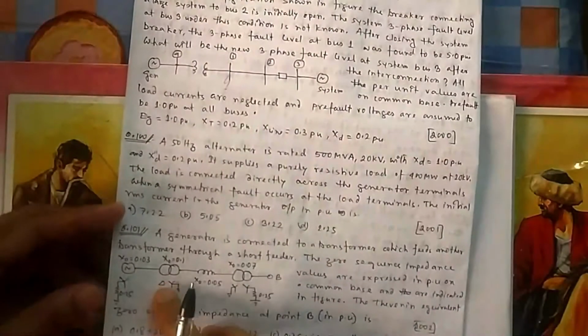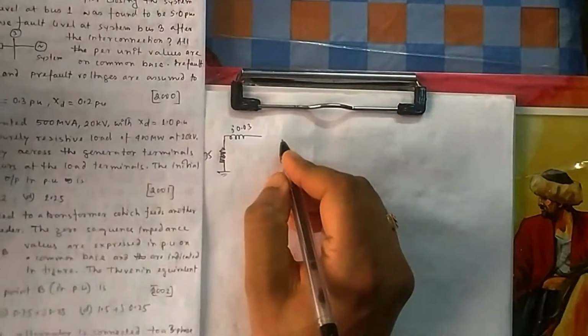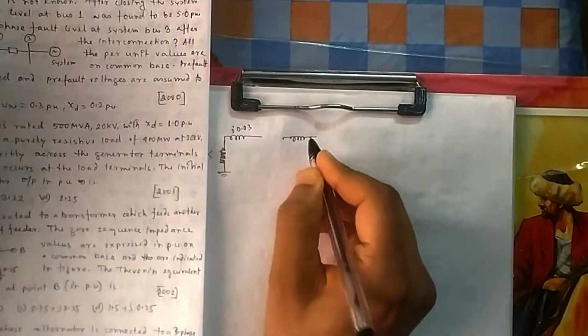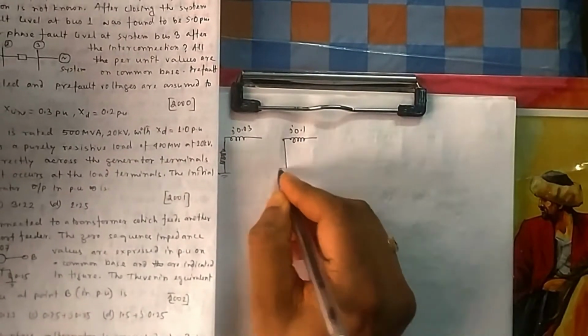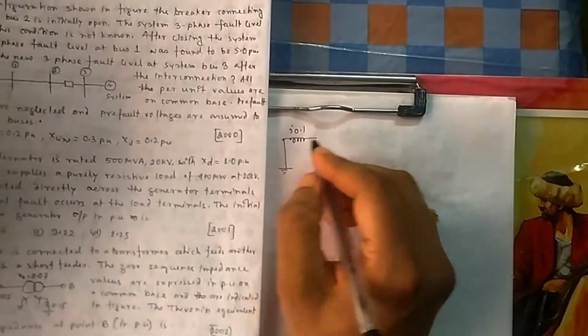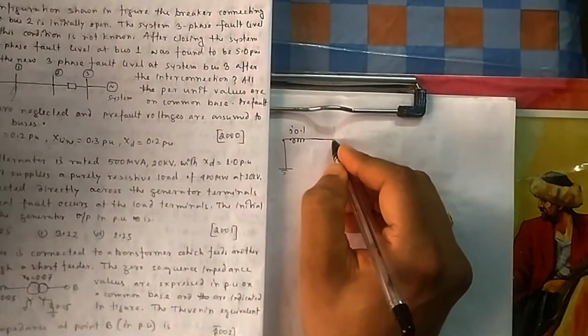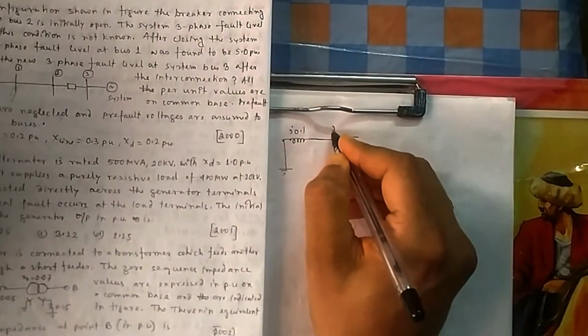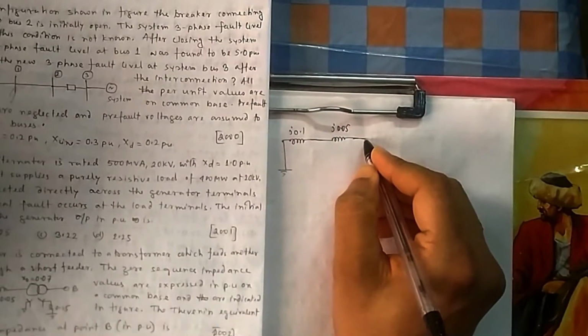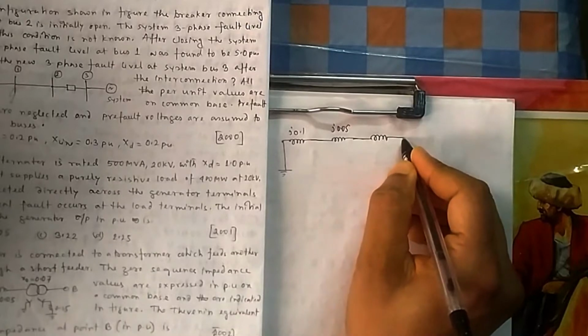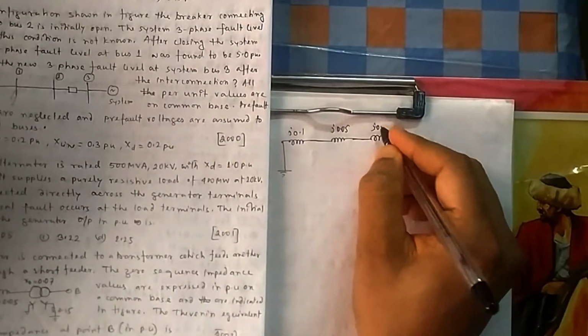Then you think about this transformer. This side is delta, so this is the transformer winding, and this is having J 0.1. Because this is delta, it will be of this fashion. This side is star grounded, so it will be connected, and then it is J 0.05. And then this transformer, this side is also grounded, but there is a catch.